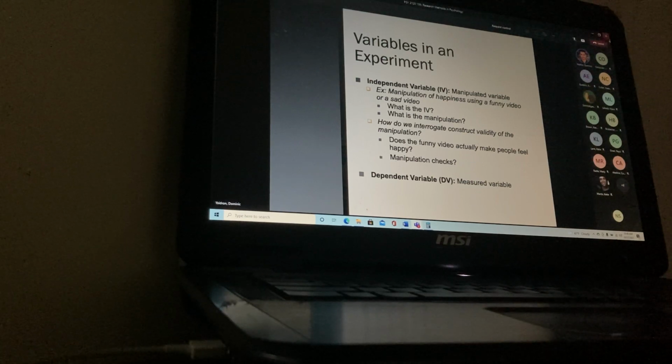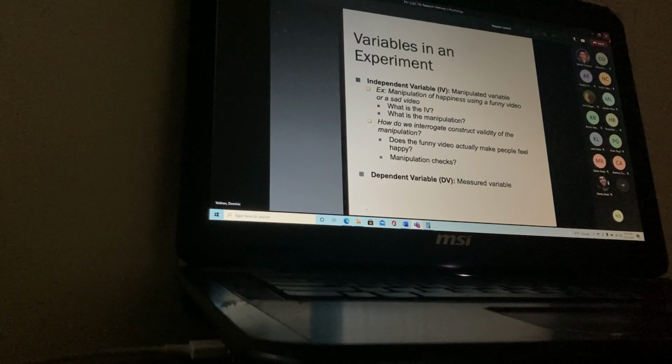So how do we interrogate the construct validity of a manipulation? If we're thinking back to a correlational design, construct validity is still really important, but we're asking, are we measuring what we intend to measure? Let's take self-esteem, for example.